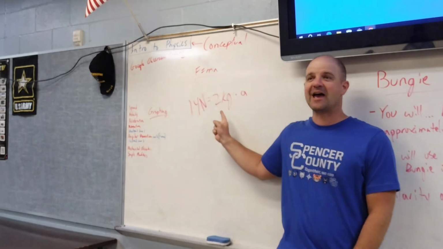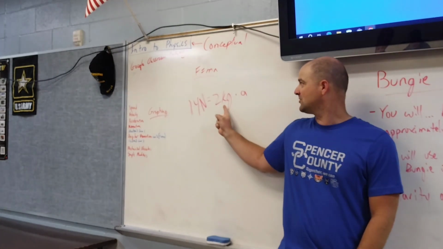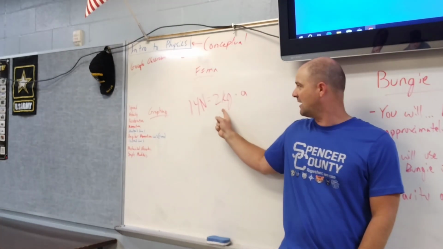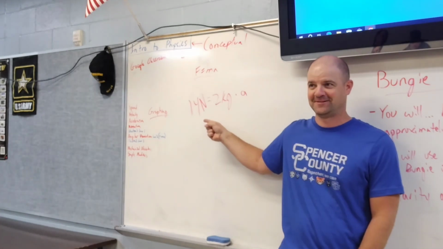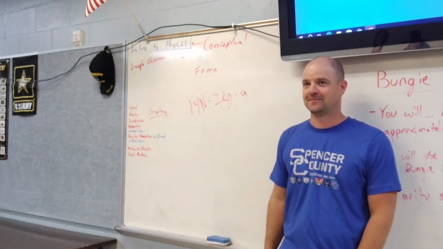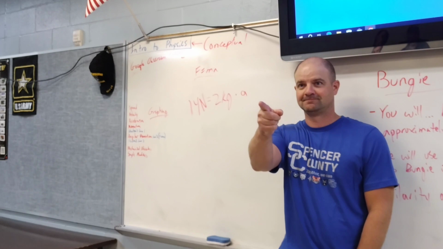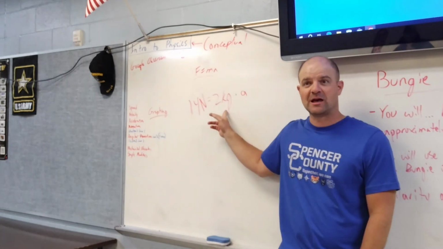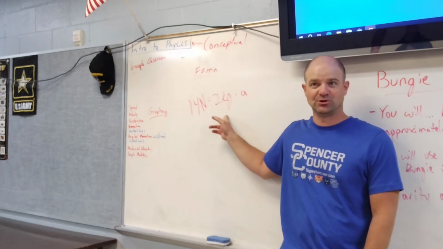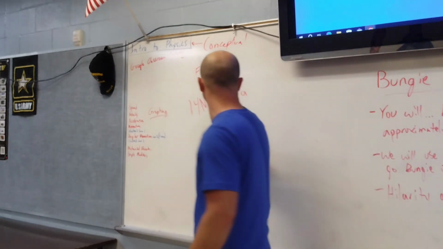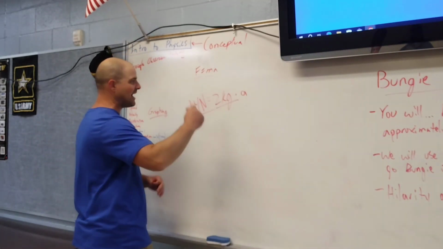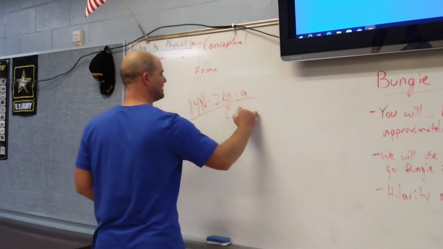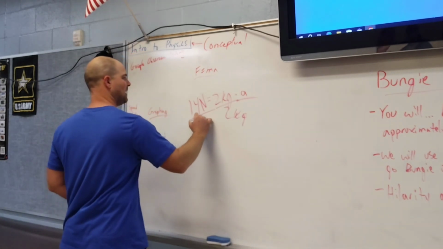So how do I get this 2 kilograms over there? Divide 14 by 2, right? And I'm also going to divide 2 by 2, to get it off that side. So I'm going to do it to both sides here. 2 kilograms and 2 kilograms.